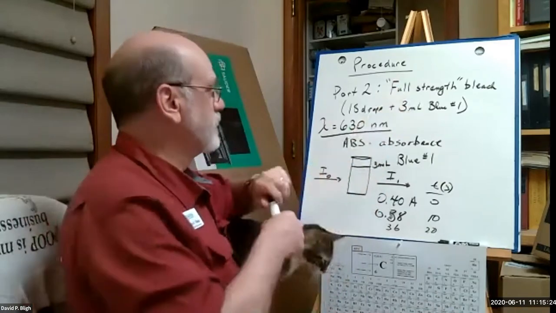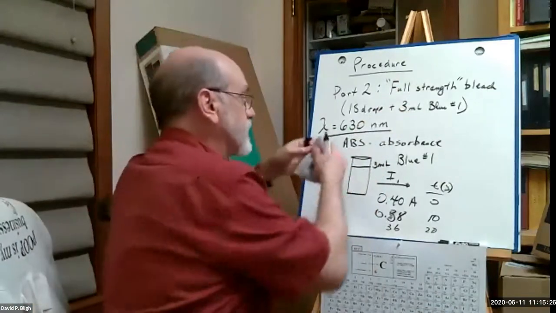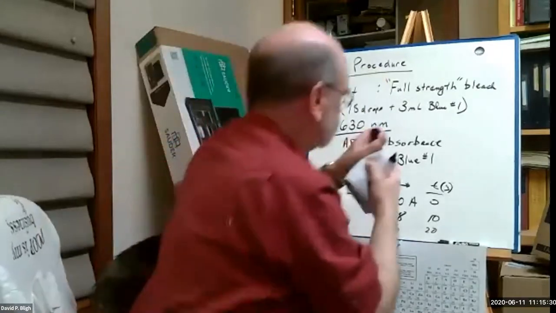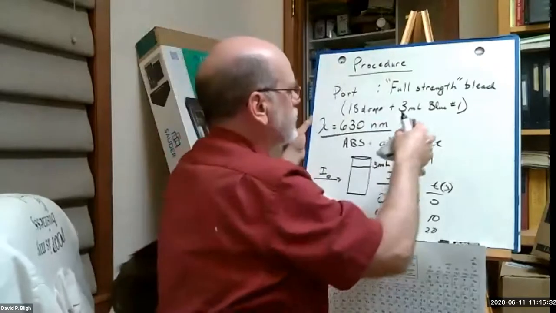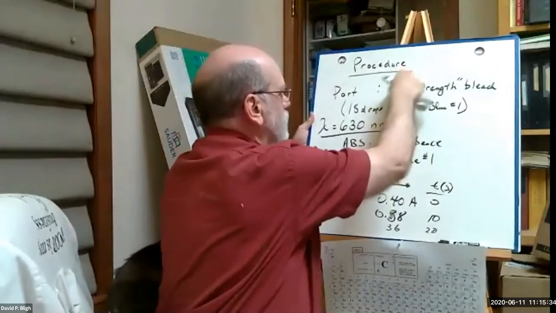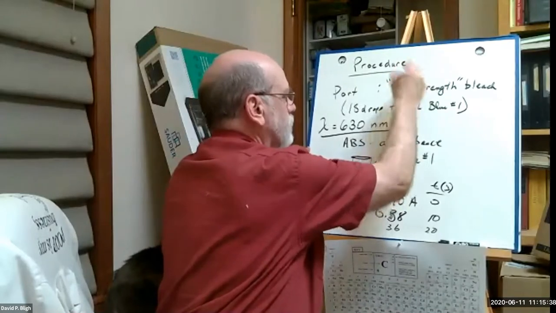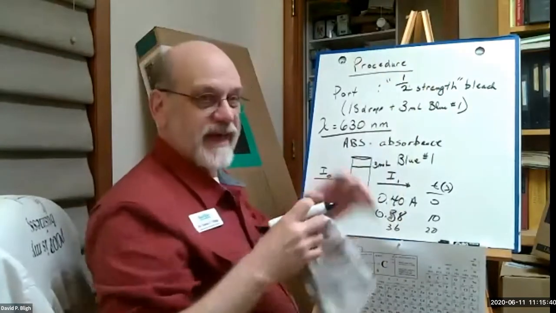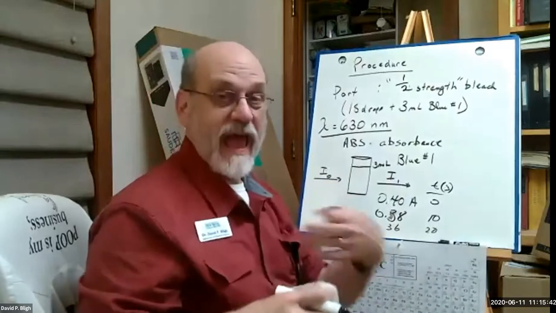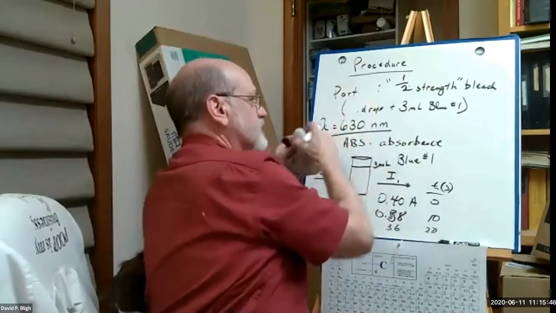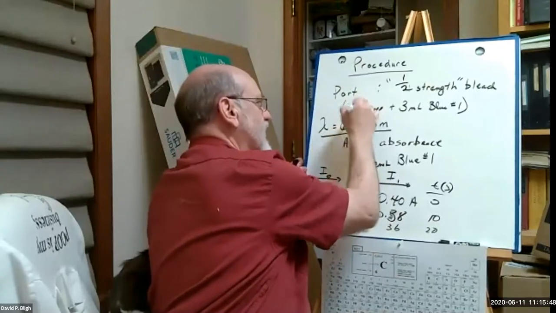Then you go back to part 3, and this one you're going to do at half strength. All right? So what does that mean? You need half as much bleach, right? So instead of 18 drops, you have 9 drops.